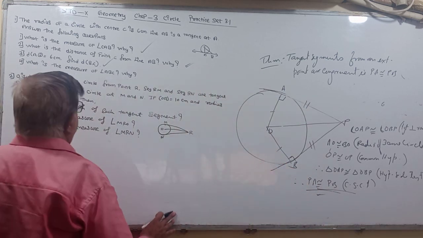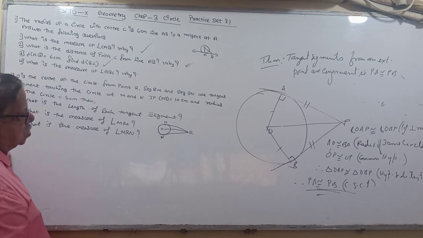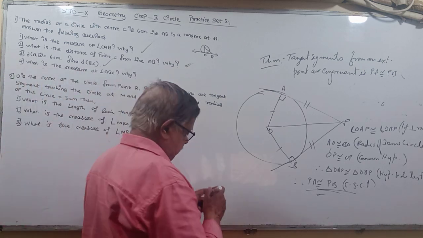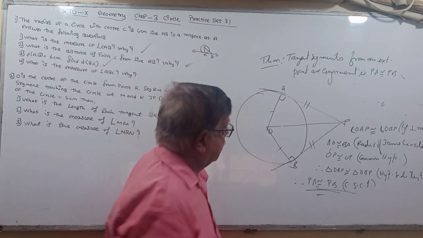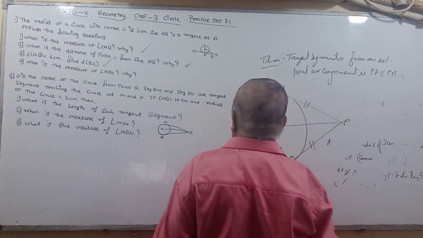Now, accordingly, we go to the second one. R and tangent. OR equal to 10. So we will change the figure for this sum. For this sum, O is the center.